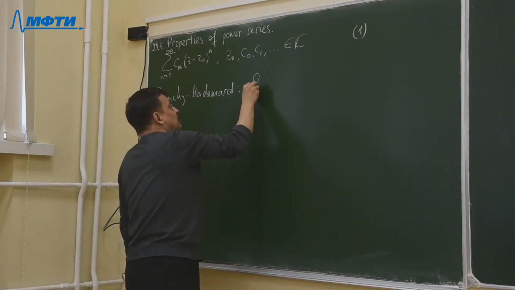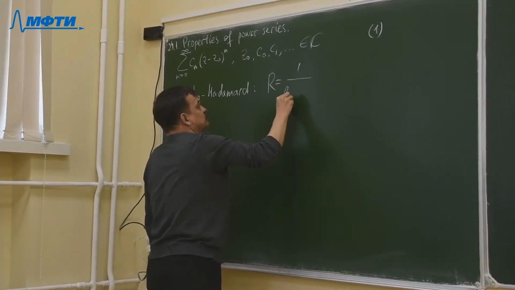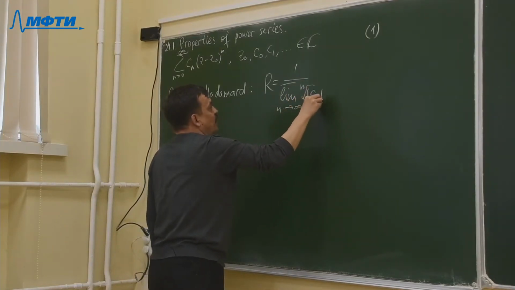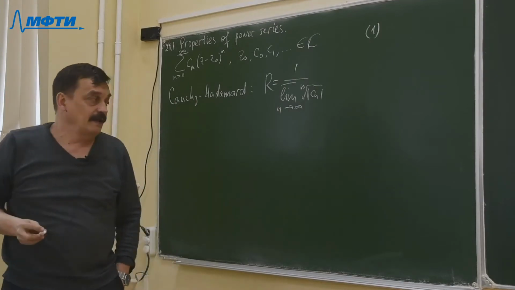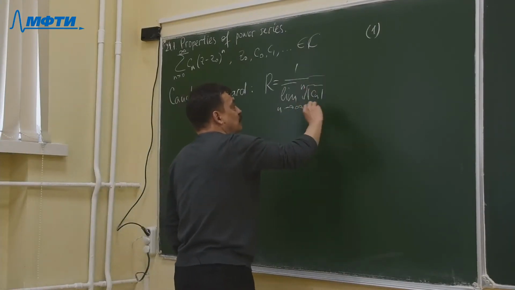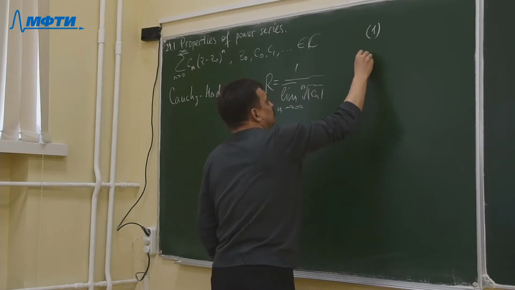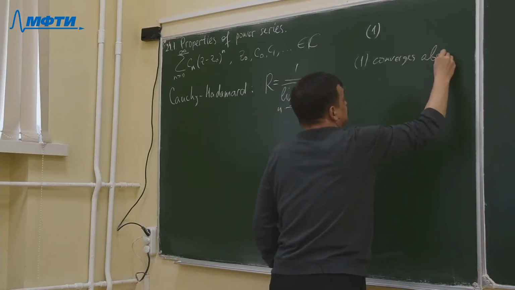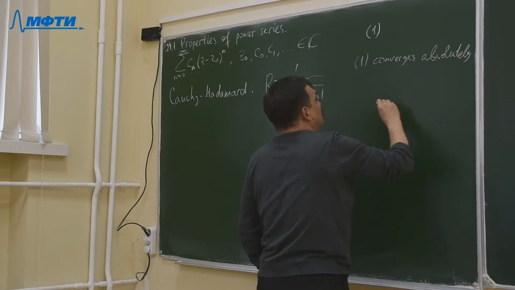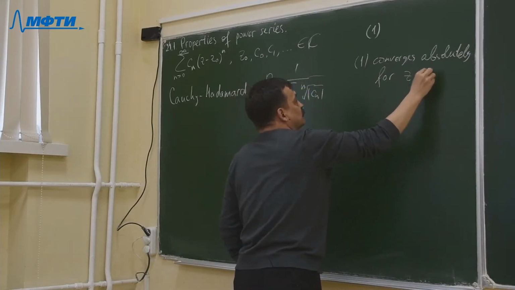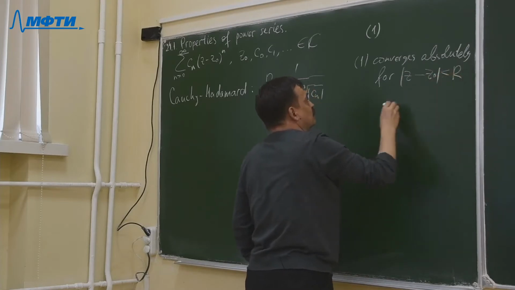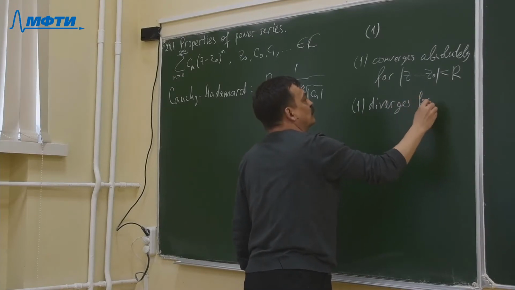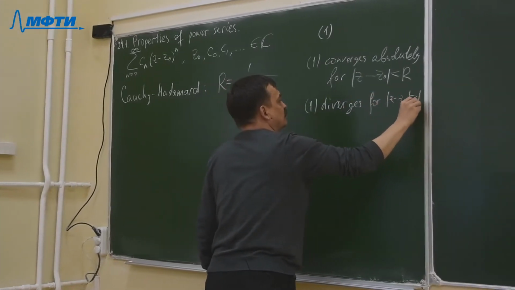That if we denote such a number, but it may not be a number, maybe infinity, then we know that (1) converges absolutely for |z minus z0| less than r, and (1) diverges for |z minus z0| greater than r.